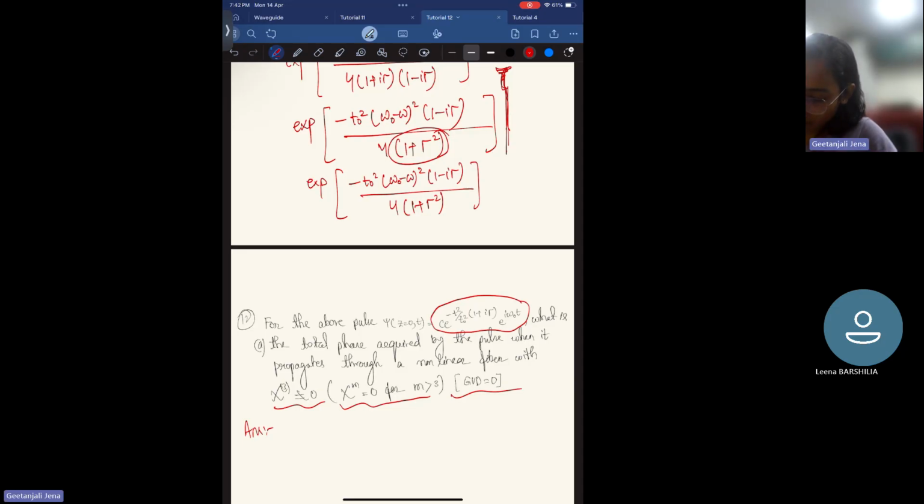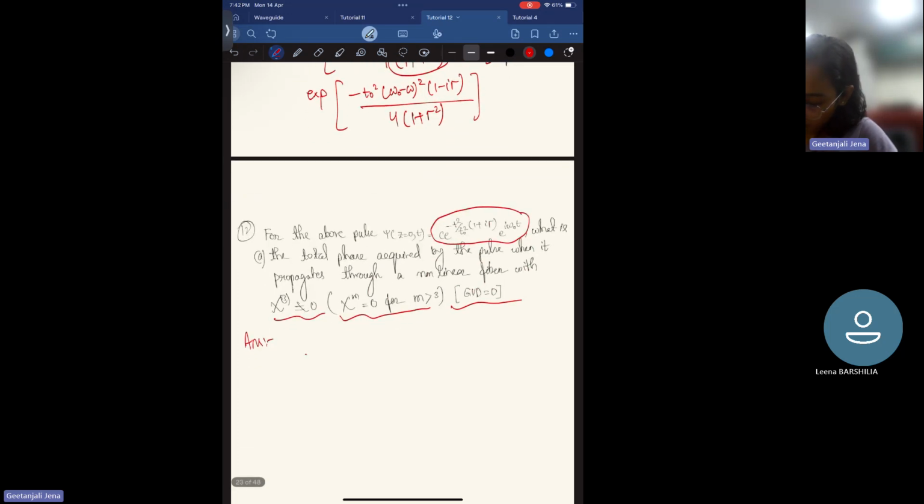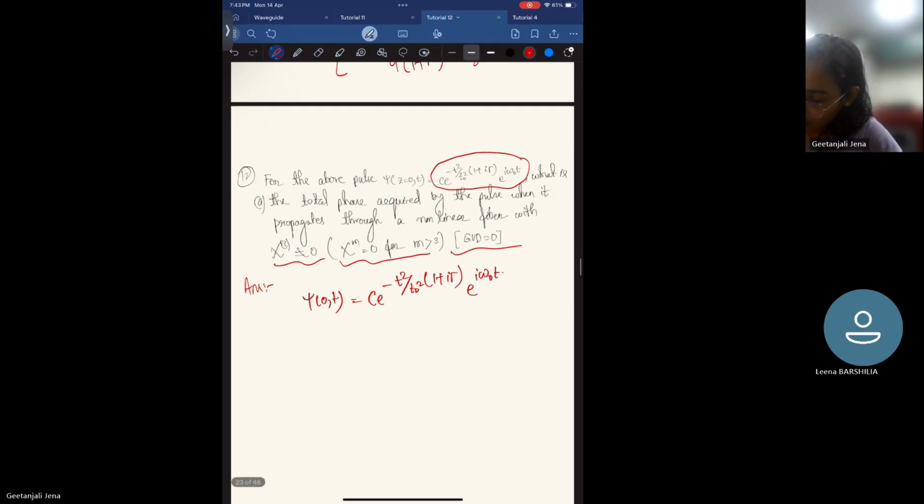For the phase, it's given psi 0t c to power minus t square by t0 square 1 plus I gamma e to power I omega 0t.